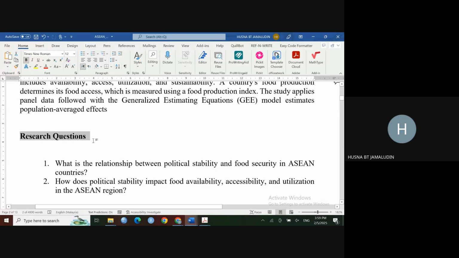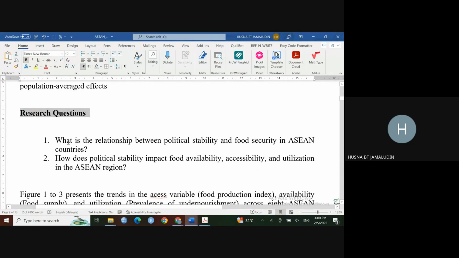Instead of using research questions, which are commonly used in a thesis, put an objective, because this is an article paper. Many papers do include research questions, but here you have to change the research question into an objective. The objective is to analyze, to examine the relationship between political stability and food security in ASEAN countries. Second, to investigate the impacts of political stability on food availability, accessibility, and so on.